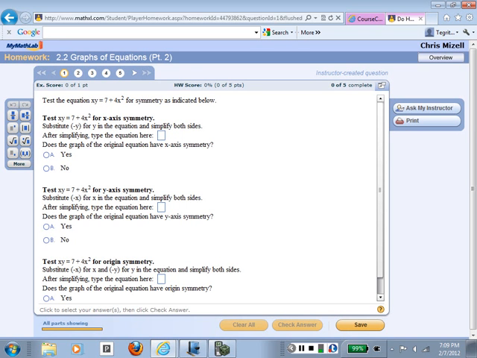Test the equation xy equals 7 plus 4x squared for symmetry as indicated below. It just seemed kind of unsatisfying only to have multiple choice questions in this genre of question. So actually substitute negative y for y and see what we get. A little bit of simplifying, I guess.